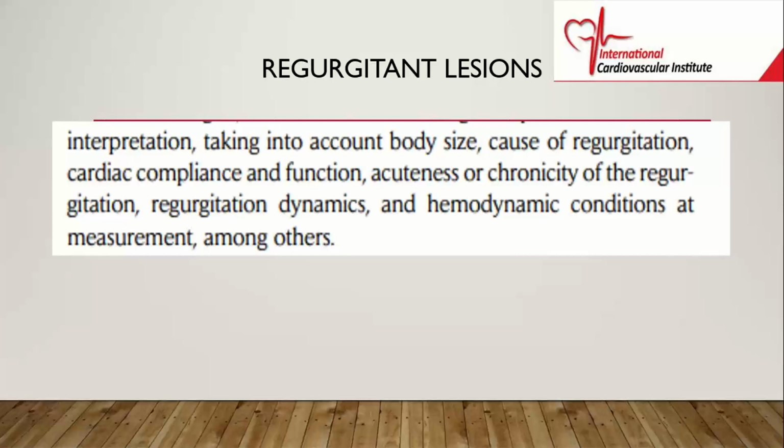Also, the acuteness of the regurgitation. Acute regurgitation, the chambers usually are not dilated. They don't have enough time to dilate, which is different from chronic regurgitation. The chambers are usually enlarged, and sometimes you can look at the chamber enlargement to help in your assessment of severity.